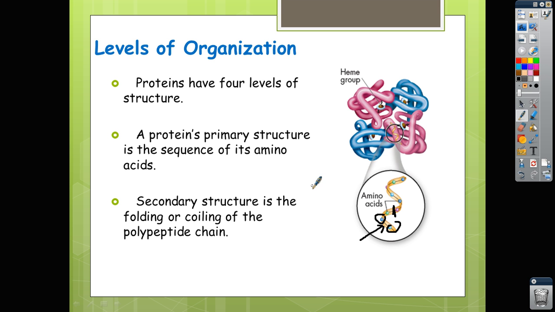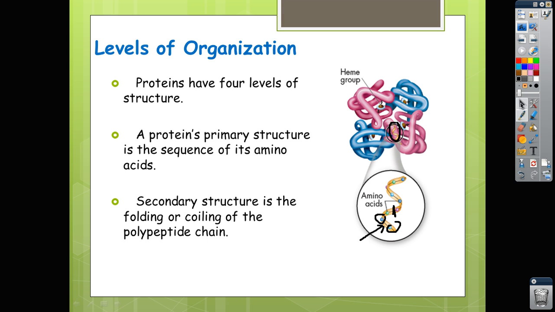Eventually they get to the point where they're going to start to fold or coil. You can see the coiling start already. This right here is actually occurring inside of it right there. Now, this, along with other substances that surround it, gives you what is called a secondary structure.